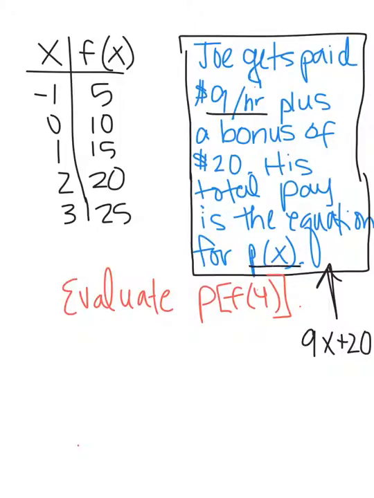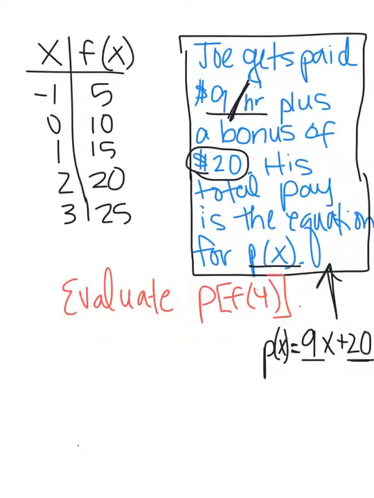And we're going to call this function P of x. So remember learning about slope and y-intercept being the one-time amount? That would be our $20 here. So that's why that's the y-intercept. And then $9 per hour is our slope, so that goes with the x.